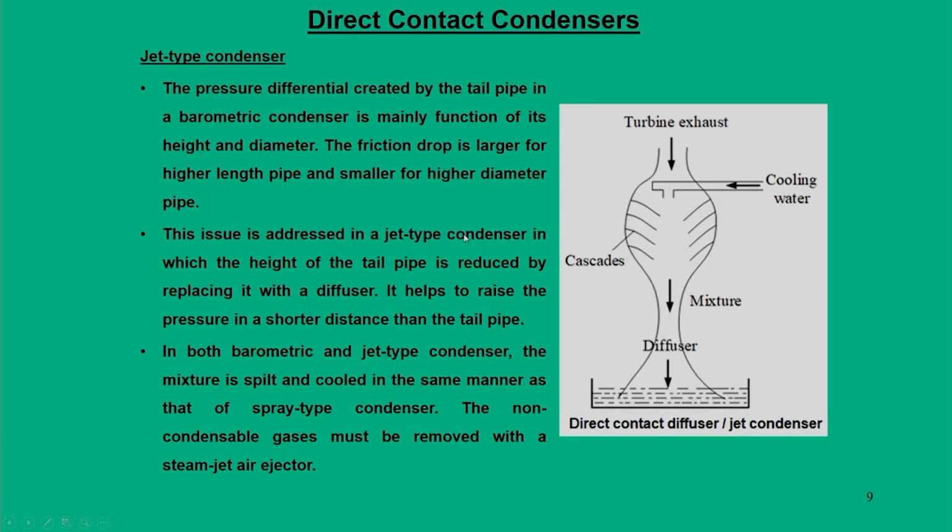Now, another design of the jet pipe condenser, another design of this barometric condenser, is preferred, because many times we require a very long pipe, since for a pipe of constant length and diameter we require long pipes. So, that variation can be regulated by keeping a diffuser type design in the tailpipe.